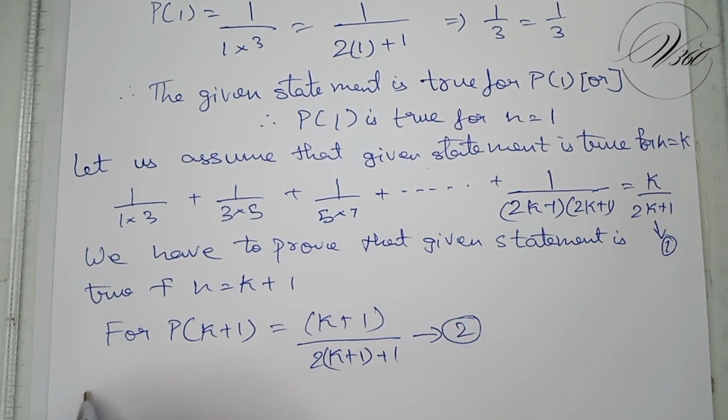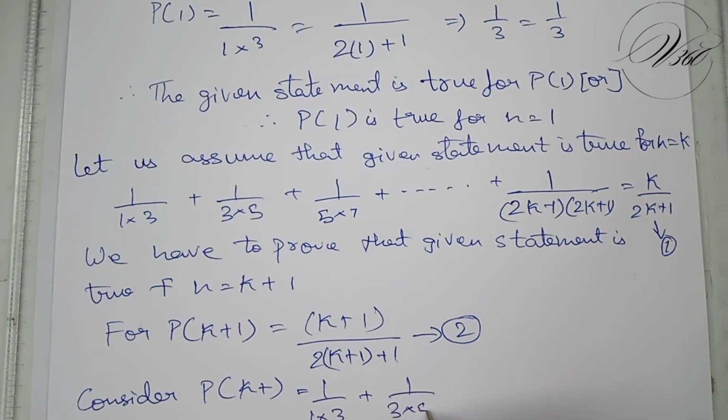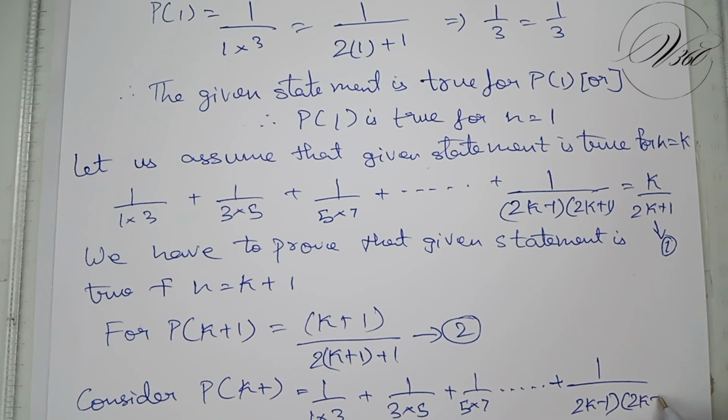Now we'll consider P(k+1) = 1/(1·3) + 1/(3·5) + 1/(5·7) + ... + 1/((2k−1)(2k+1)) + 1/((2(k+1)−1)(2k+1+1)).